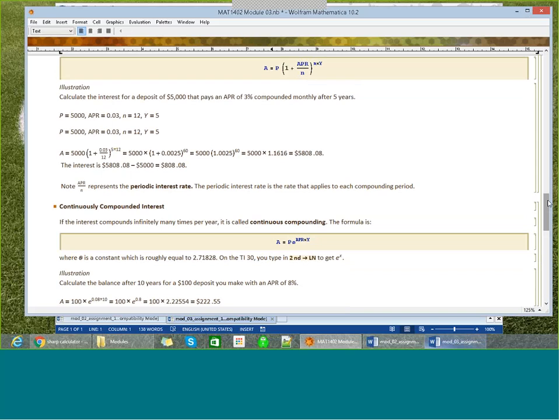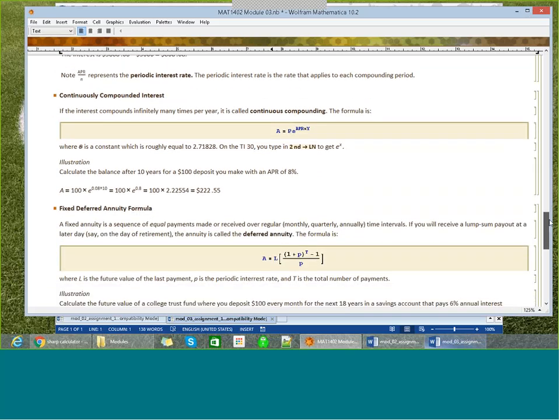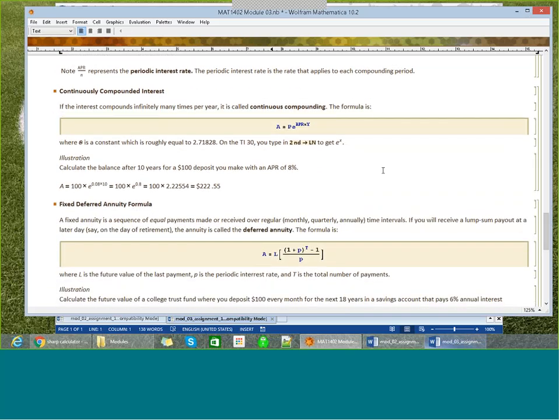The last case is if the interest is compounded continuously, so not 365, but on an ongoing basis. Then it's called a continuously compounded interest rate, and we use the special exponential function, a little e.